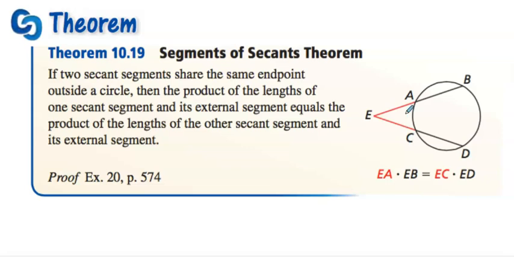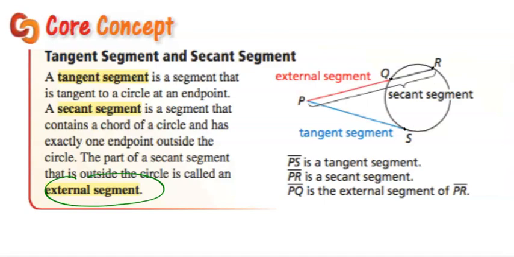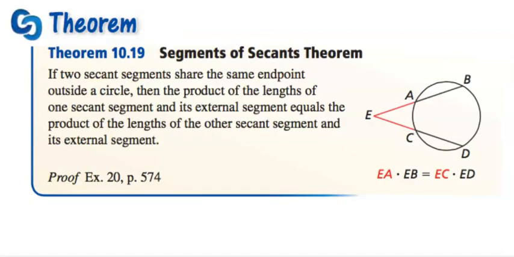They're talking here about the segments of secants versus tangents and secants. So I think I'll take a look at both of them. So we've got EA times EB. Now let's look at the difference. Before, we multiplied this segment by this segment.